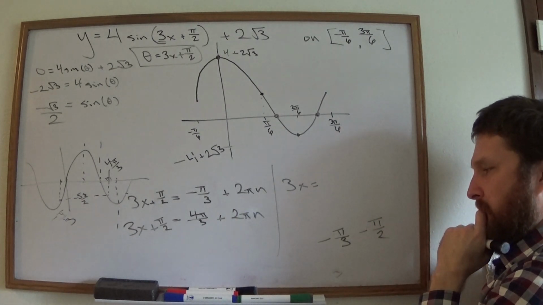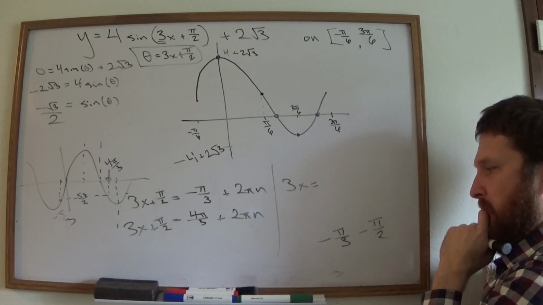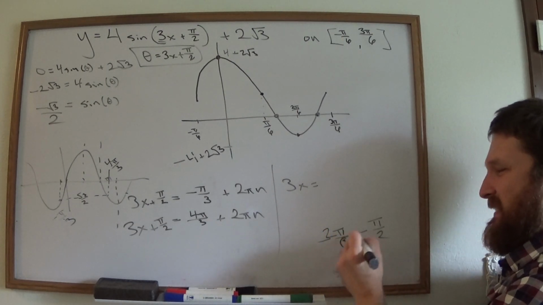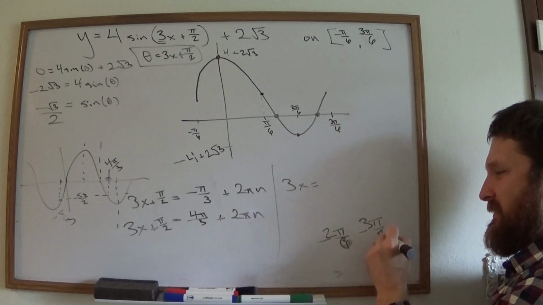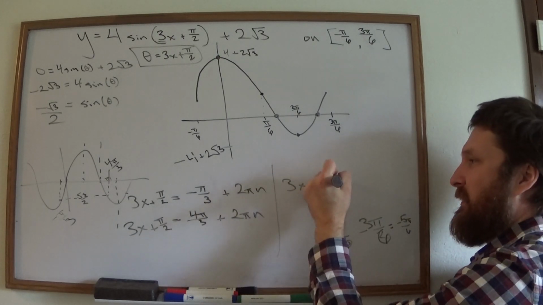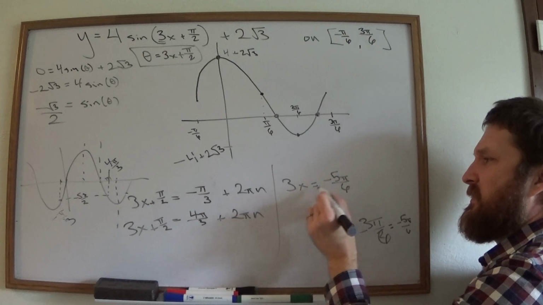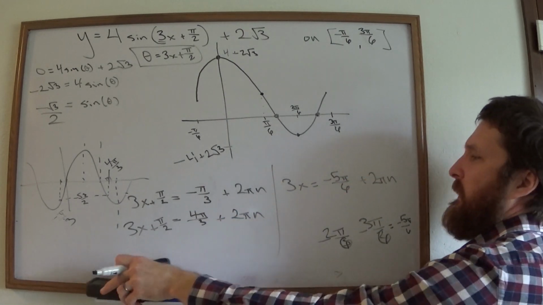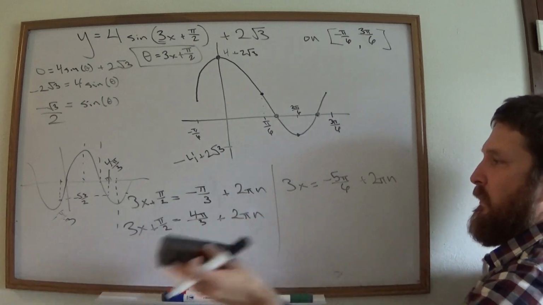That would be negative 2 pi over 6 minus 3 pi over 6, which is negative 5 pi over 6, plus 2 pi n. So then negative 5 pi over 18.